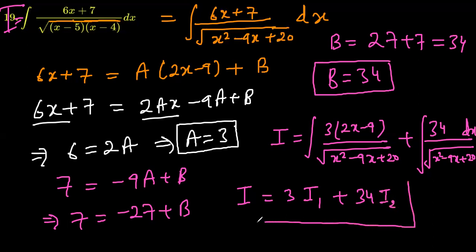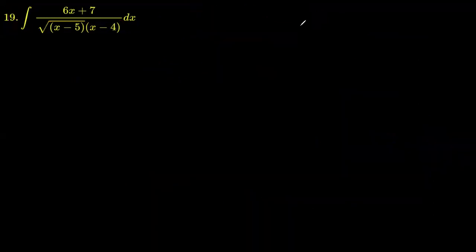Now our job is to find I1 and I2 separately, and then club them together to find this I. So we remember I is equal to 3I1 plus 34 I2.